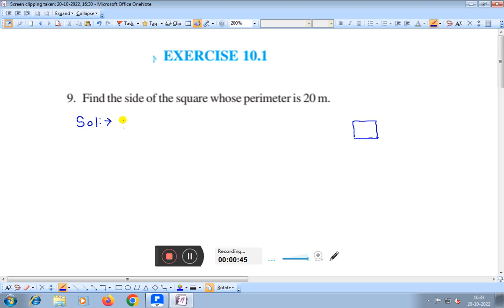We know that perimeter of a square is equal to 4 into length of one side.